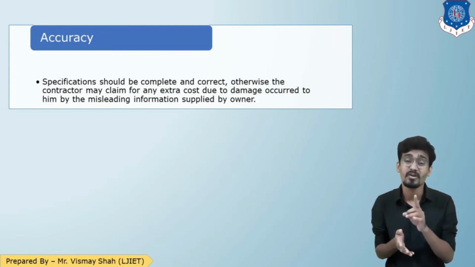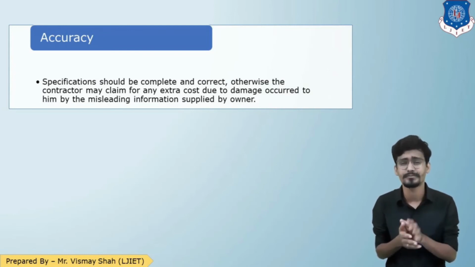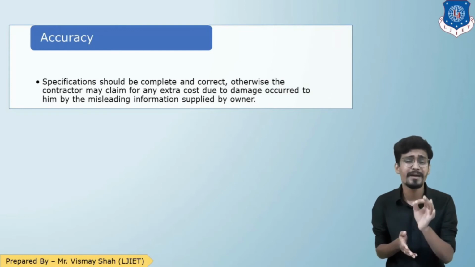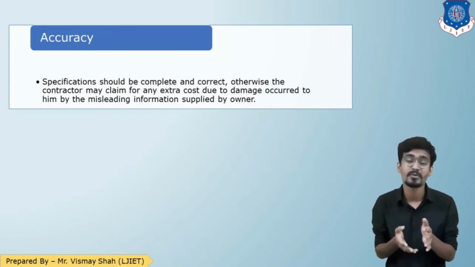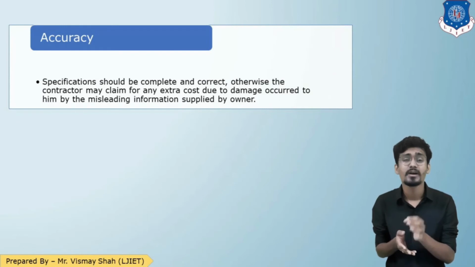Why? Because the contractor has followed the specification word by word. He has fulfilled the condition of the specification, so you can't argue with him. Instead, you can write that the contractor must throw the excavated material outside the plot area at an unobjectionable place.